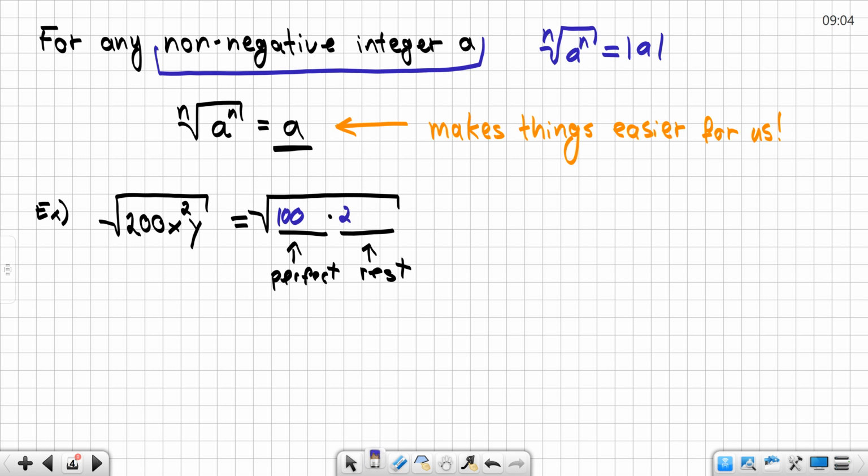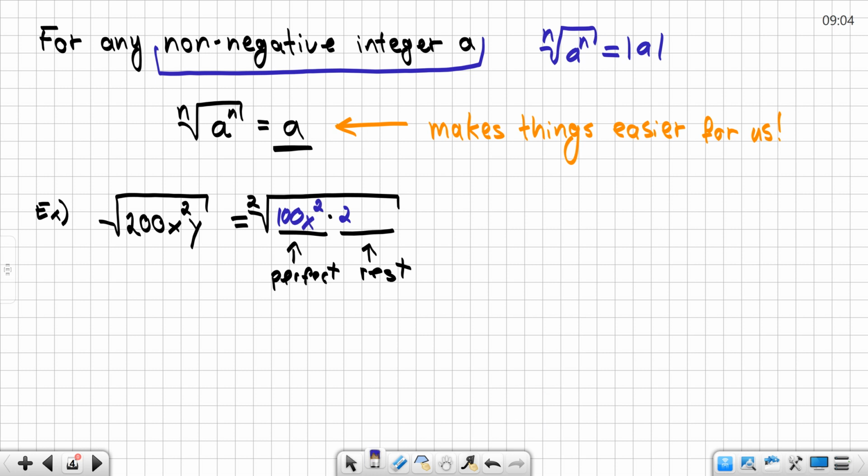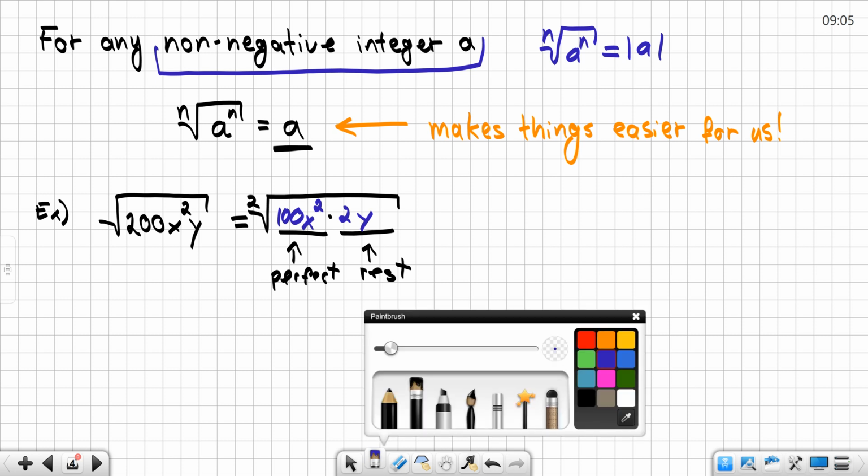Now I start looking at my variables. And for my variables, I really just start looking at the exponents, and I wonder if the exponents in this case are divisible by 2. Why 2? Because this is the square root. So x to the second, 2 is divisible by 2, is a perfect square. And y to the first, 1 is not divisible by 2, so it comes to the part of the rest.